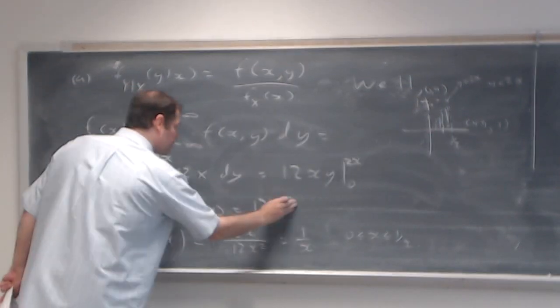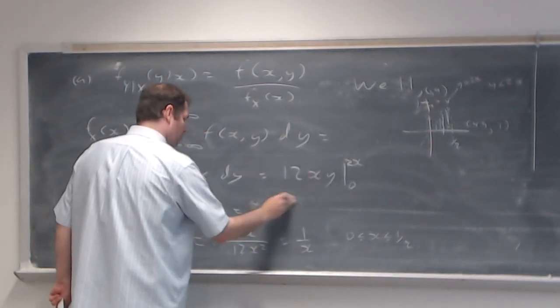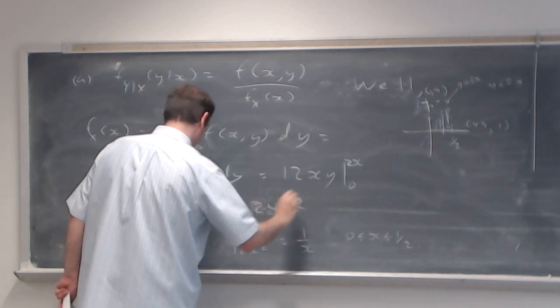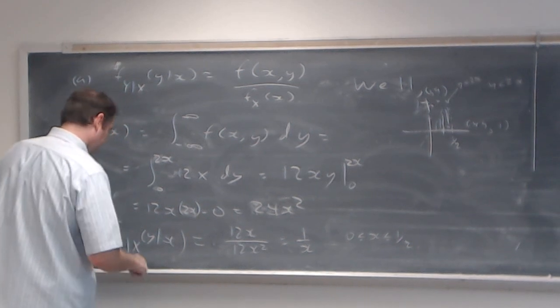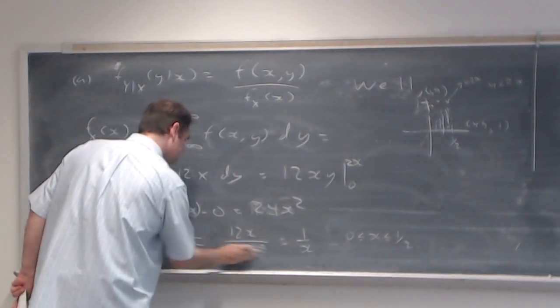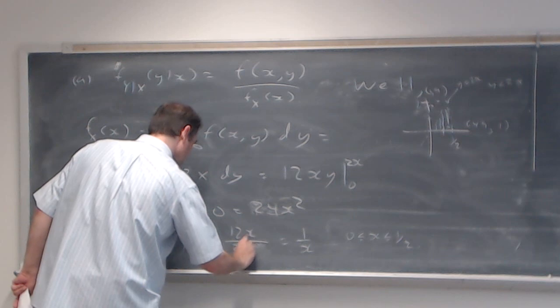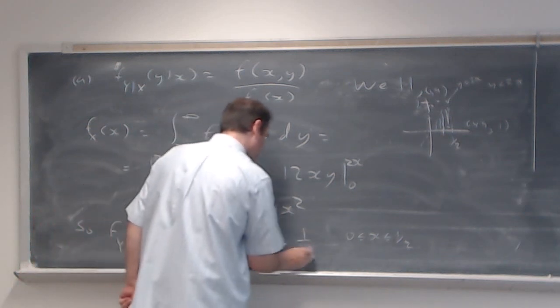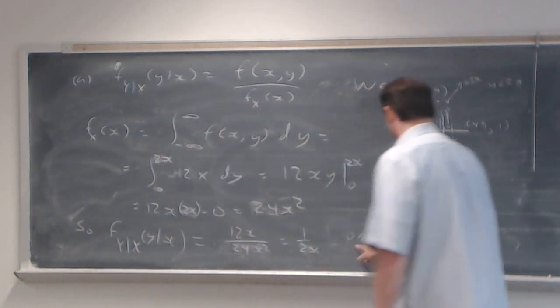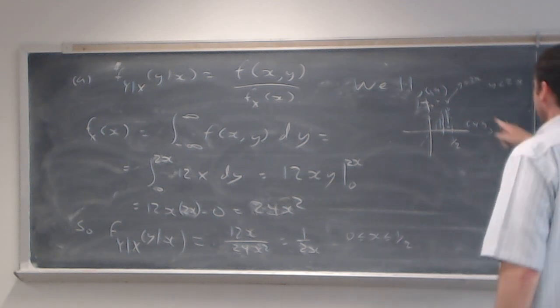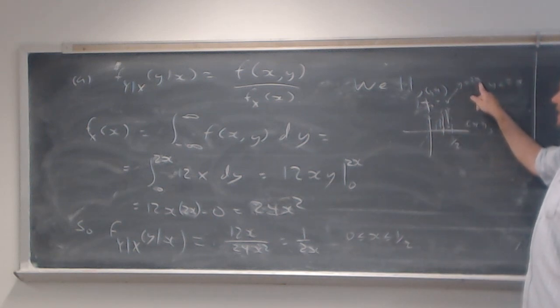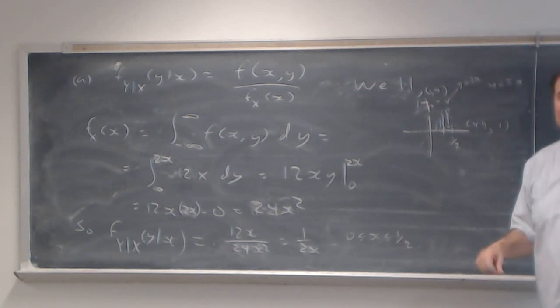So here, I put in 2x for y, and I have 24x squared, and that's 1 over 2x, where x is in between 0 and a half. That's correct. Make that change. I'm sorry. Again, my mistake here was I thought this line was y equal to x, but it's not. It's y equal to 2x.